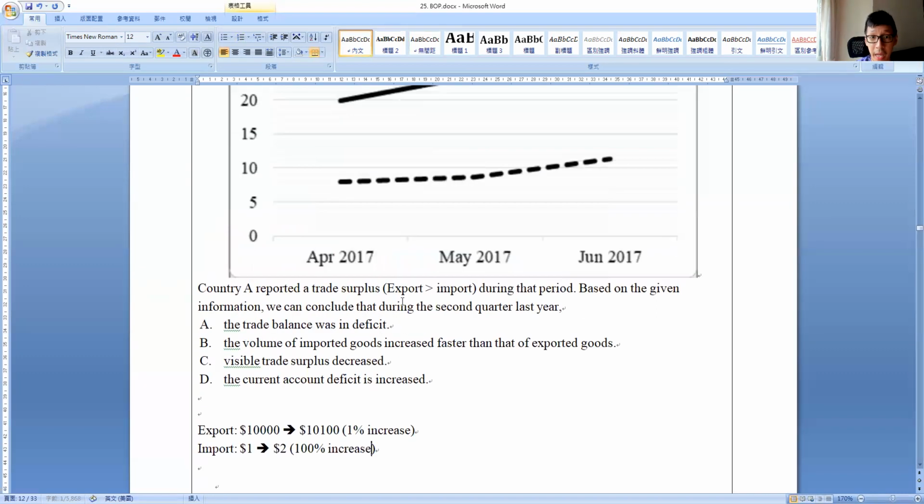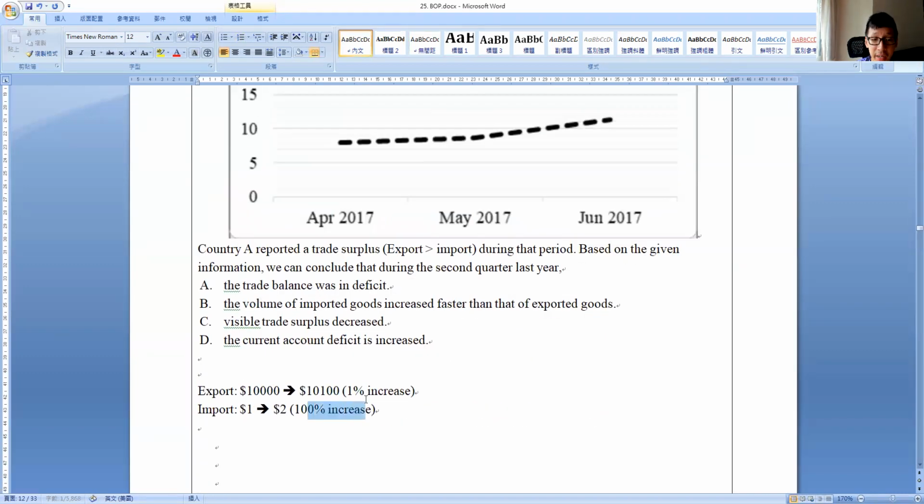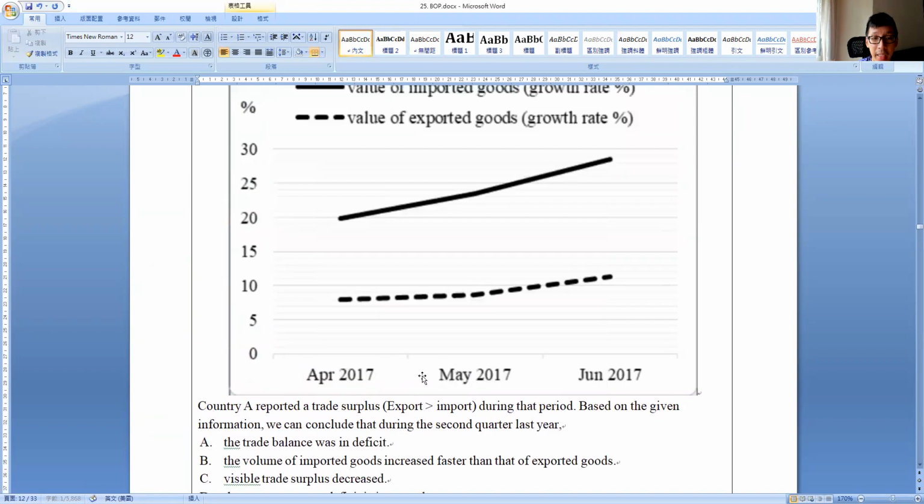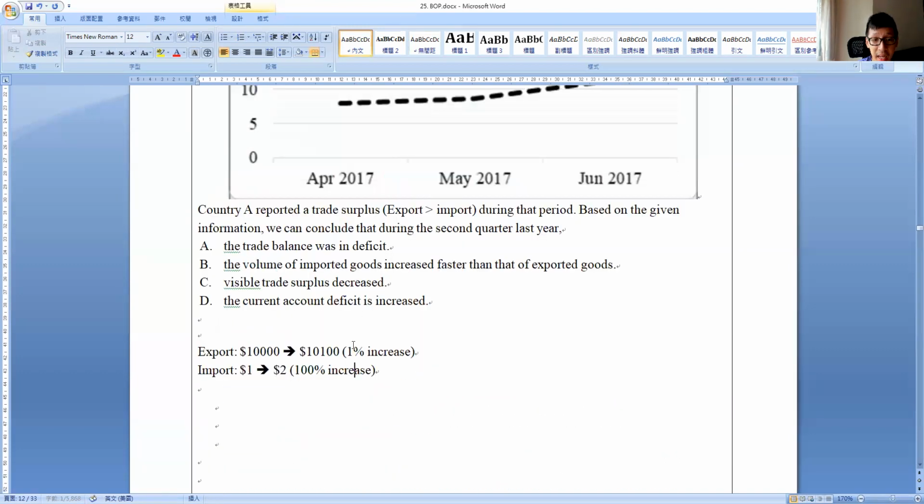Do you see? The percentage increase in import is much bigger than the percentage increase in export. But what about volume-wise? It is a 100% increase, but it is a $1 increase. Do you see the dilemma here? They are asking the volume.